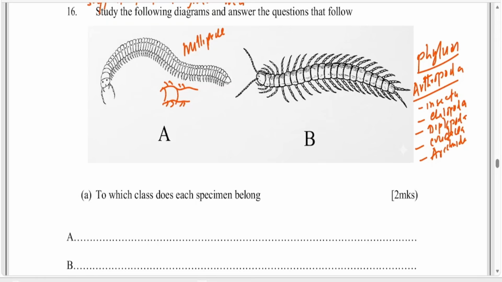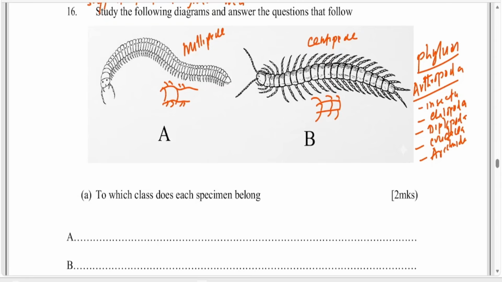Then we have B, the centipede, which is dorsoventrally flattened and has one pair of legs per segment.